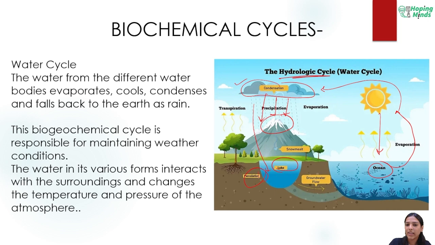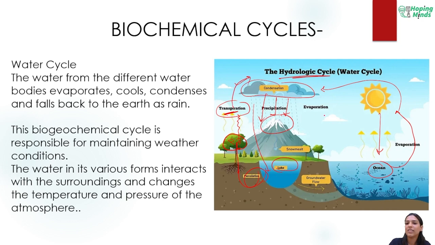This water will be taken by the roots of the trees, and that tree will have leaves, from which again transpiration. You will not call this evaporation. The process where leaves lose water to the environment is transpiration. Through transpiration, we'll have the water evaporating back into the atmosphere.